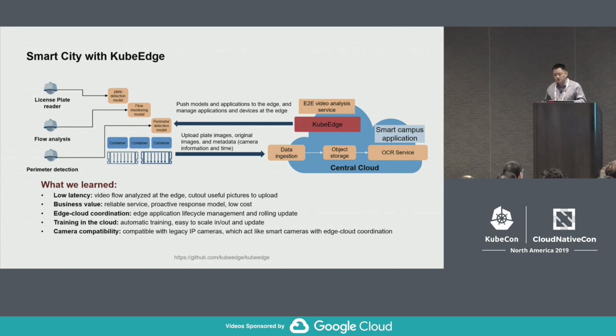It cuts down dramatically the amount of data that needs to be sent to a central cloud, and also because it's on-site, it's very efficient. Cost-wise, the network bandwidth is a major cost in many of the scenarios. And we see a clear pattern of edge and cloud coordinating and working together. We actually have a term for it called edge cloud synergy.